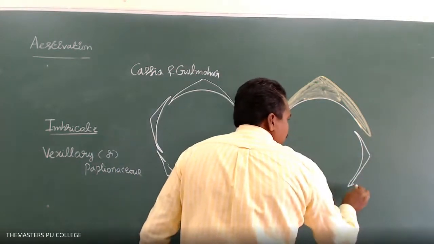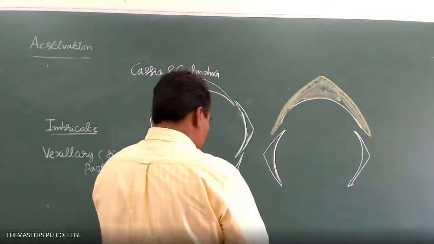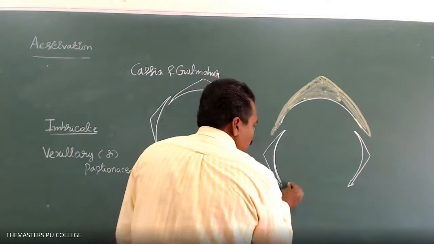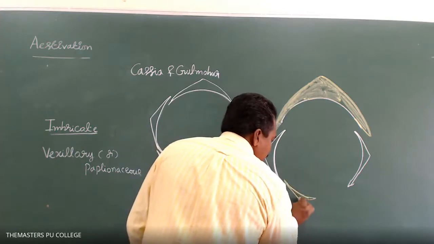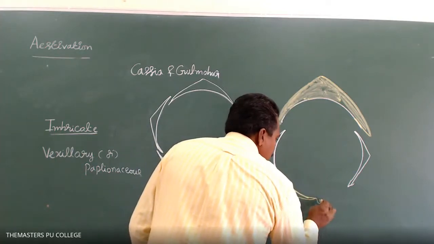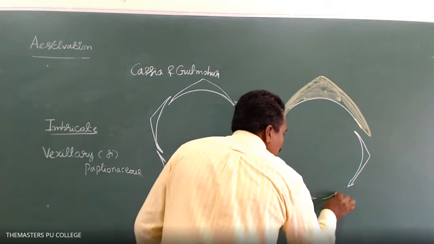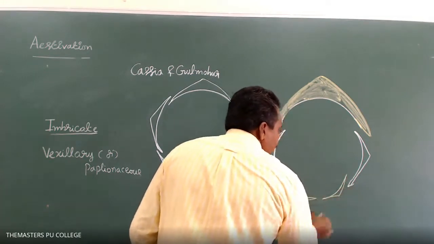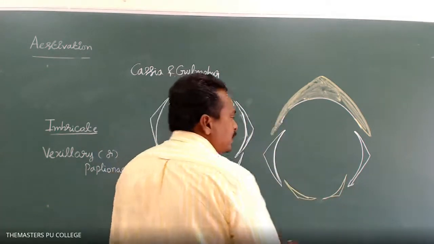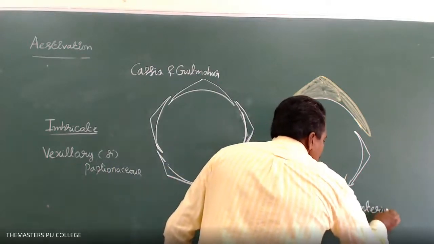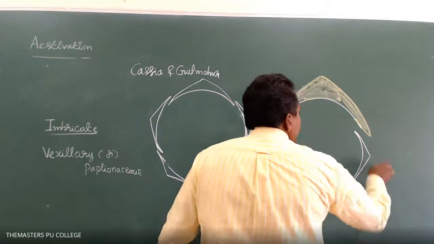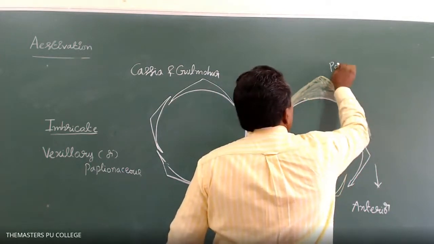These are known as wing petals, or wings. And two small petals are present towards the anterior side of the flower. This is the anterior side, and this is the posterior side of the flower.